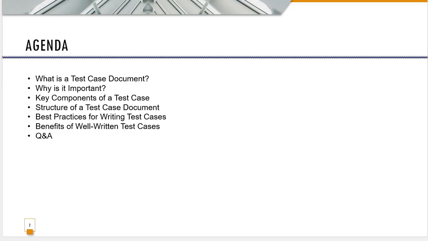I'll explain all the components like test case ID, the descriptions, the expected result, the system provided result, test case pass or fail, and the description of why that test case passed or failed. Then the structure of the test case document. I'll show you how the ideal test case document should look, what fields are there, and how to write all the fields in the test case document.